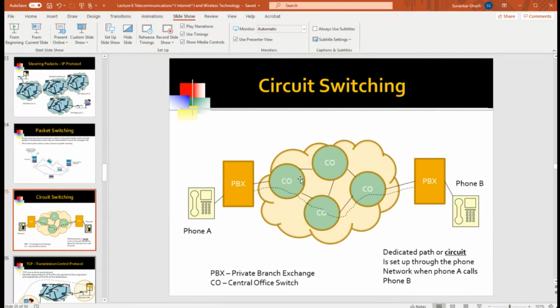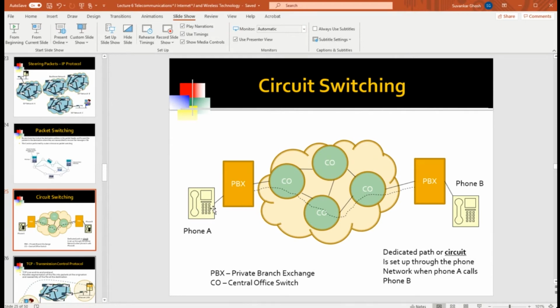The switches that the AT&Ts have on their premises are known as central office switches. The voice switch that a firm has on its premises is the PBX. But what's happening when a person picks up the phone is that a circuit is being established through this cloud of central office switches, the voice switches at the AT&Ts, and then through the destination PBX, till the destination PBX rings the phone of the recipient.